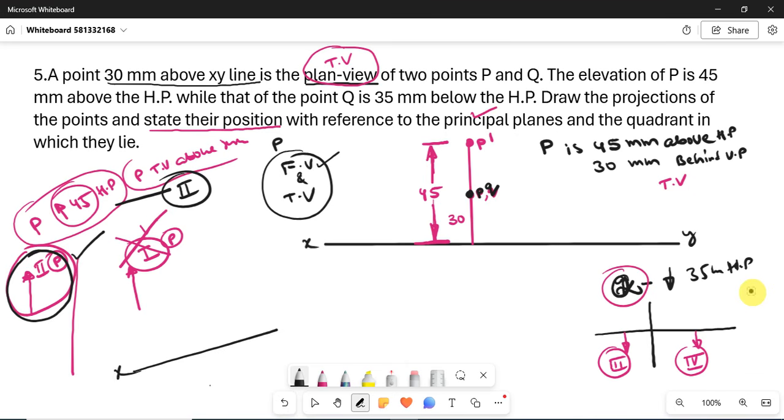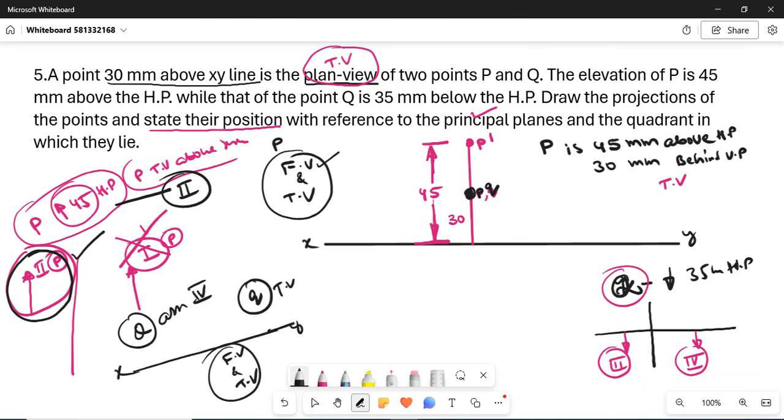If we assume Q is in the fourth quadrant, we need to draw both the front view and top view below the XY line. But in this case he mentioned the Q top view is above the XY line. So since the Q top view is clearly given above the XY line, it does not belong to the fourth quadrant. So the Q point must be in the third quadrant.